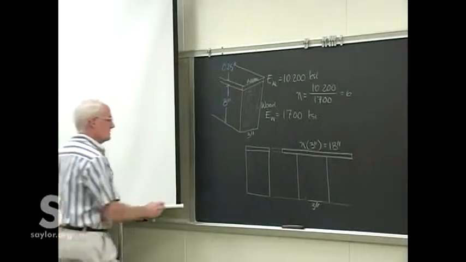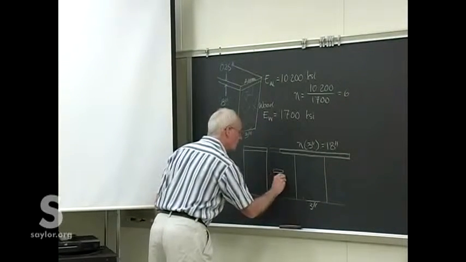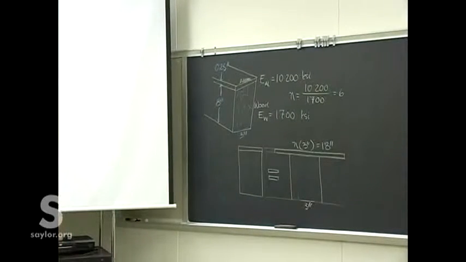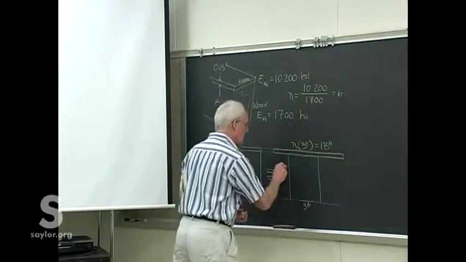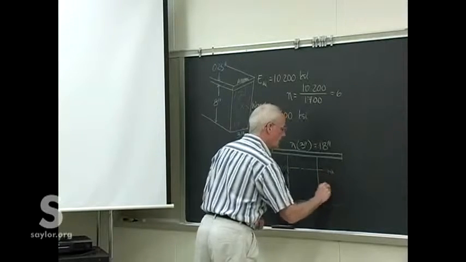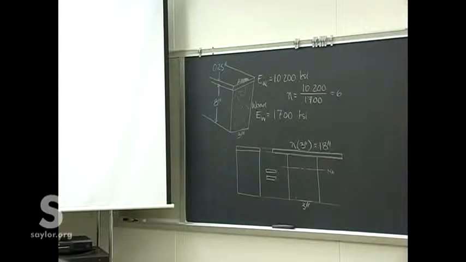That we assume to be an equivalent beam. It's not a very attractive one. It's not what you're going to install for your customer, but it is one for which we can figure out where the neutral axis is. We can figure out what the moment of inertia with respect to that neutral axis is, and we can figure out what the stress distribution is.